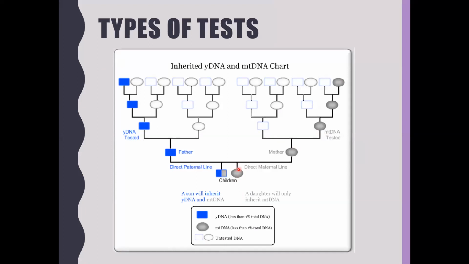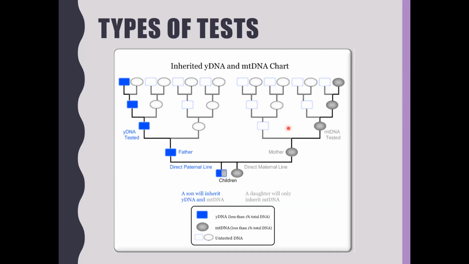But the daughter is getting an X from her mother and an X from her father, and the son has no X from his father, because that's what makes a male, to have the Y. And so you'll notice on this, before you get too far back, you're not testing very much of the DNA, because all of these people here in the middle, any of their contributions are not coming through in this. Does that make sense?